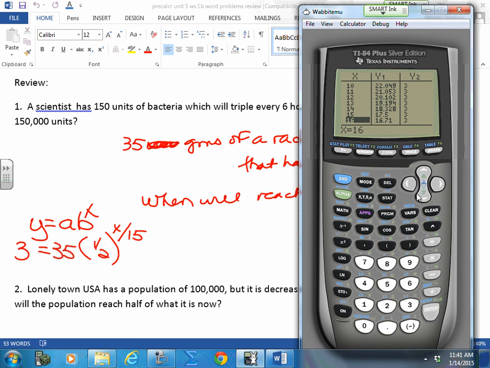See it? Now if I forgot my cycle, and I just decreased, watch what happens. If I forget my cycle in this, and I just went by X, and I forgot to say divide by 15, when I do this, watch my table. Look what my table looks like.